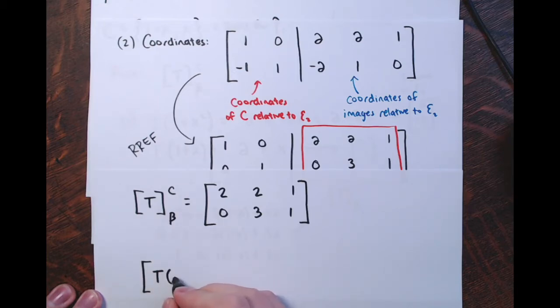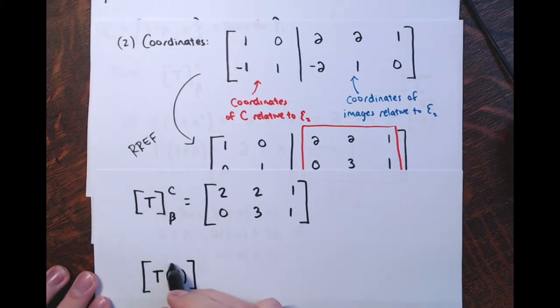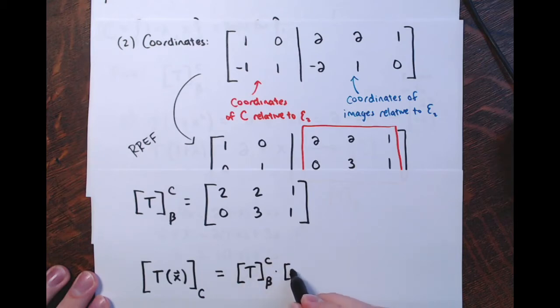So say T of x. If I were to plug some polynomial into this transformation, and then I said I want the coordinates relative to C, I can take this matrix and multiply it by the coordinates of the input relative to the domain. Right.